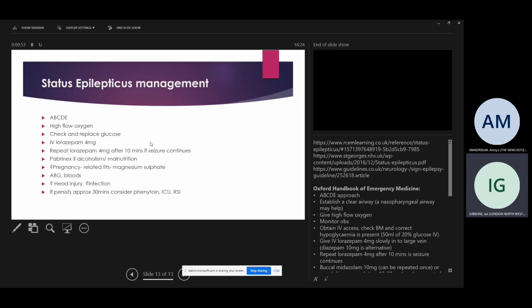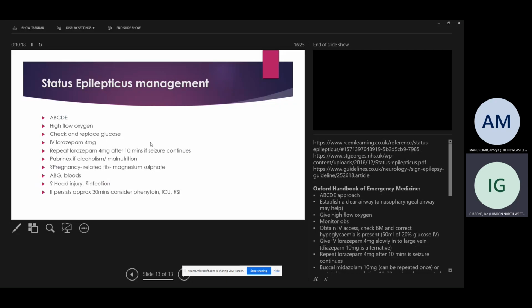Just quickly going to touch on the management, which we'll go into in more detail in the next lecture. As with any medical emergency, the ABCDE approach is vital, and early maintenance of the airway, having someone suitably airway trained, is our number one priority. Apply high flow oxygen. We always want to be thinking about what the cause of the seizure is.